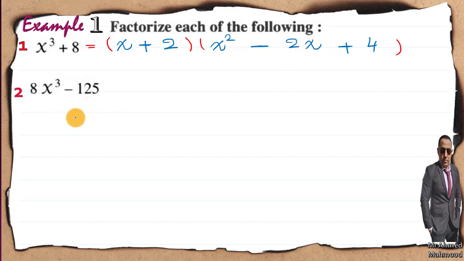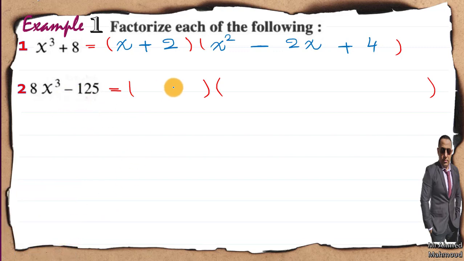Okay, another one. 8x power of 3 minus 125, open small bracket and large bracket like this. Okay, and then distribute the sign as usual.